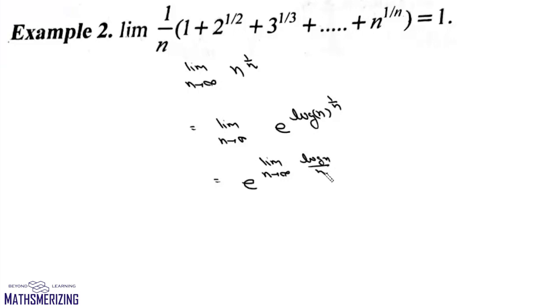Now this is log infinity upon infinity, so it is infinity upon infinity form. We can use L'Hopital's rule. We can write e to the power limit n tends to infinity, and it will be 1 by n upon 1. So it will be simply e to the power 0, which is 1. So the value of this limit is nothing but 1.